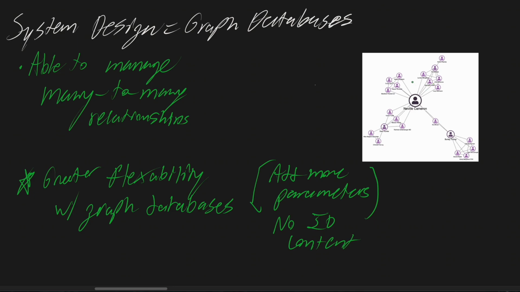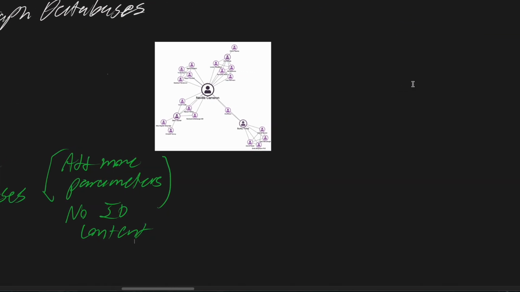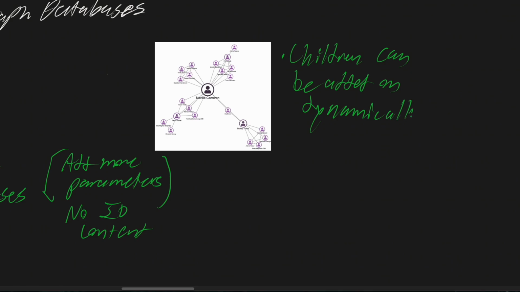Another major advantage of graph databases over CODASYL is the lack of mandatory ordering for recording children. Children can be added on dynamically, and there is no ordering required.